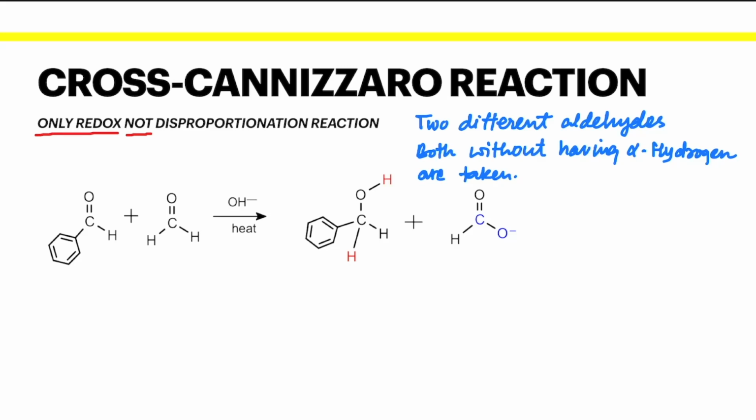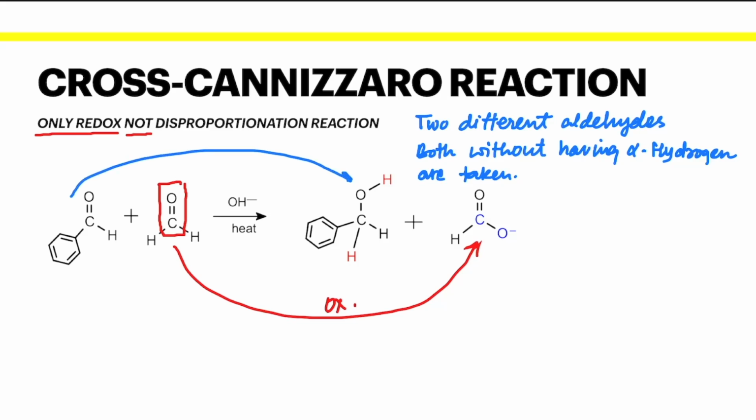Like in this reaction, when benzaldehyde and formaldehyde are taken together, oxidation of formaldehyde is much easier, and that's why the formaldehyde gets oxidized to form the acid salt. In fact, the acid, due to the presence of base, is converted into salt, and benzaldehyde gets reduced. The C-H bond strength of benzaldehyde is larger, that's why it does not oxidize as quickly, so it prefers to get reduced.